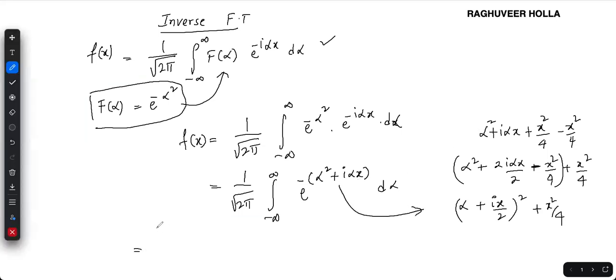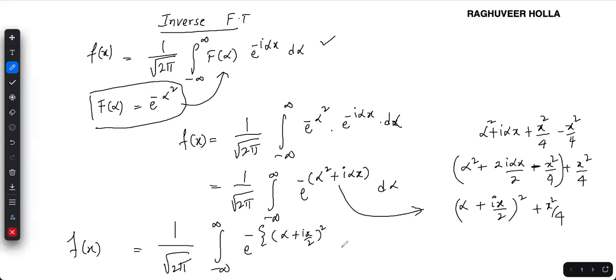So let us rewrite this. e to the power of minus, within braces, alpha plus i x by 2 whole square plus x square by 4, d alpha.